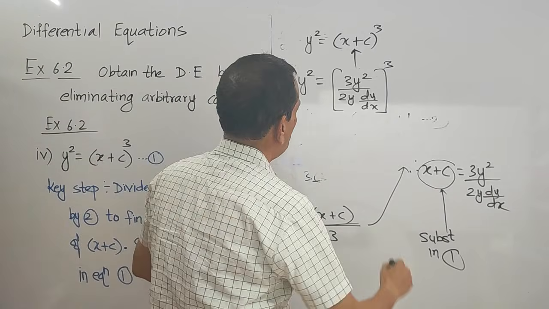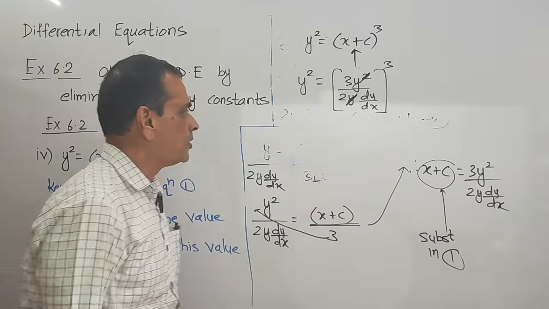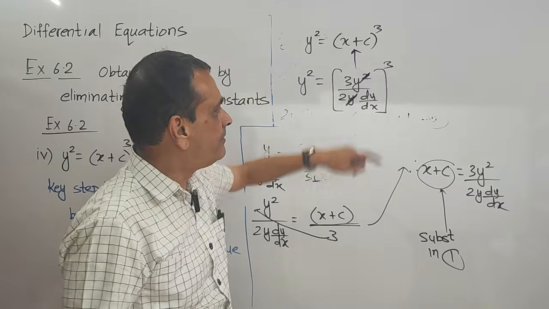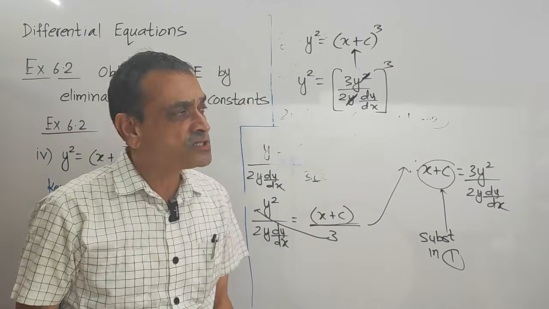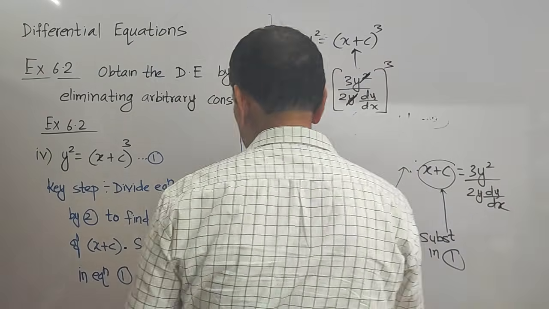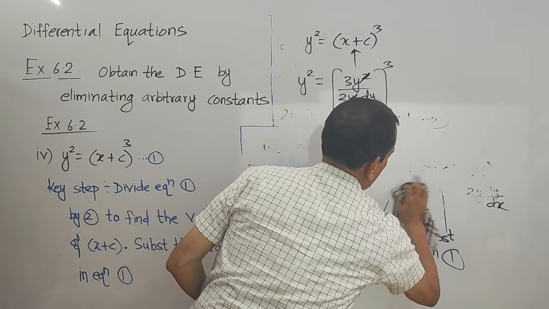One thing we'll do, we'll cancel one y. Okay, cancel one y. तो अभी substitute हो चुका यहाँ पे. Our differential equation is formed because c has gone now. c गायब हो गया अभी. So let's simplify now. I have cancelled one y also there.